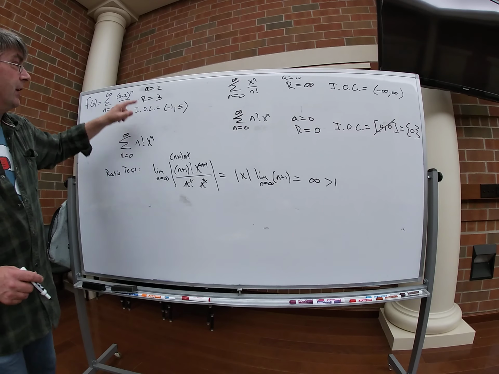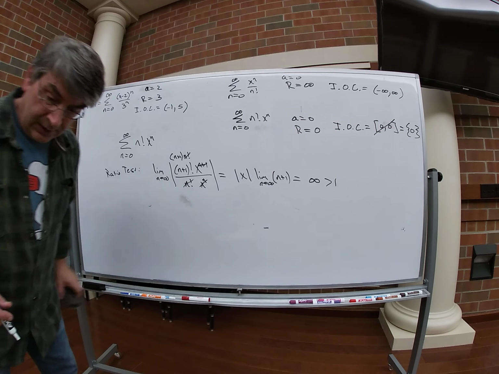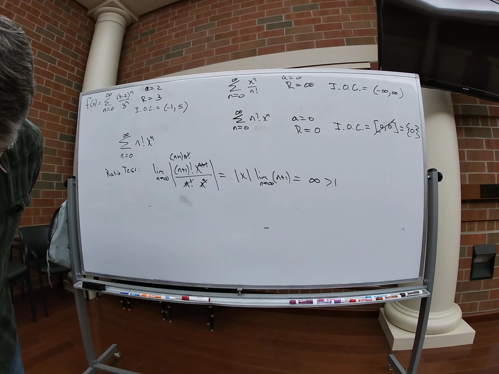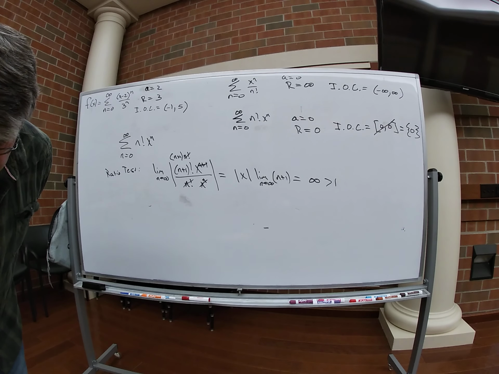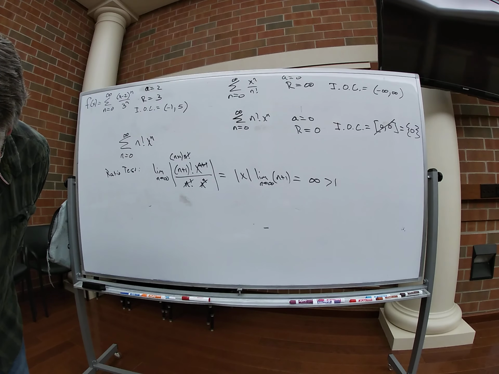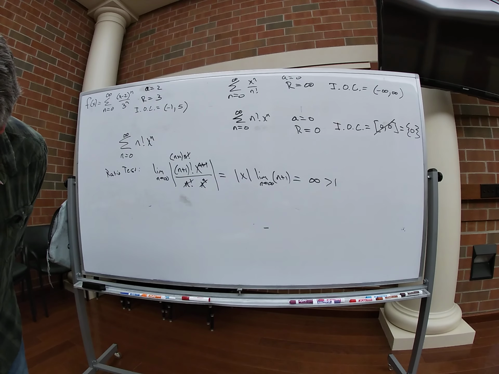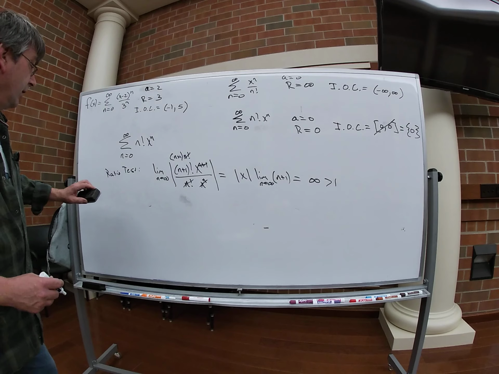Okay. Let's take another look at this case where some different things can happen at the endpoints. Let's take a look at the sum n equals 0 to infinity of x plus 2 to the n over n.